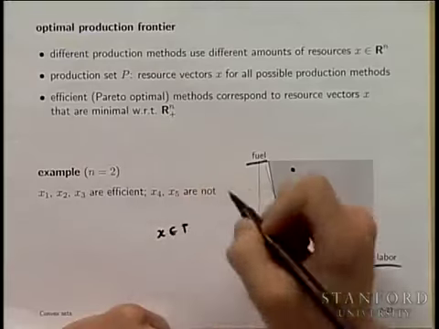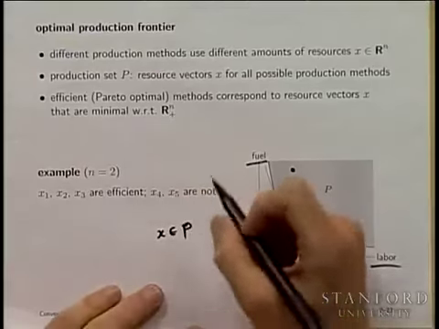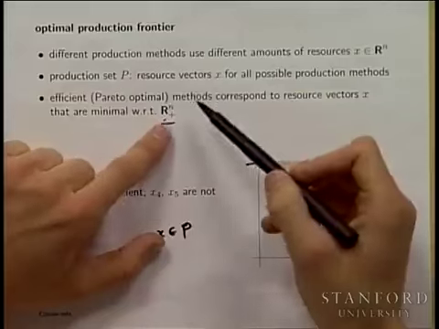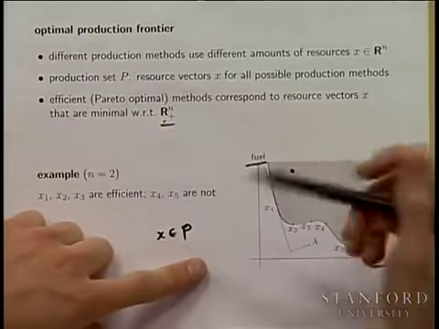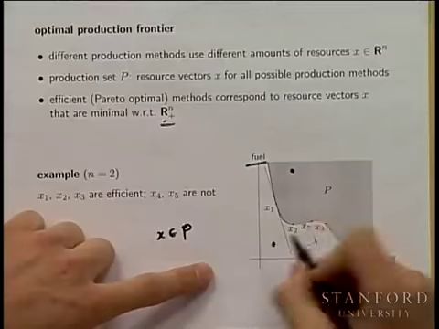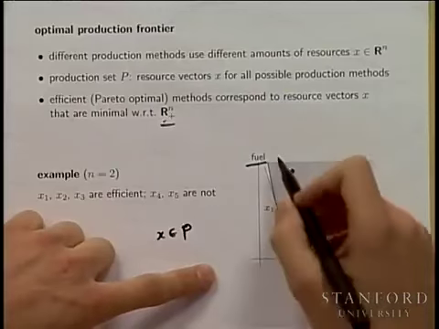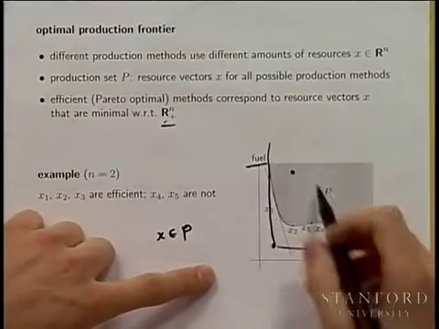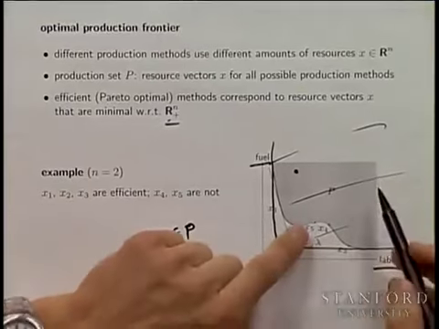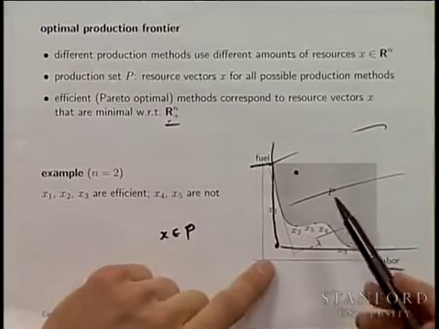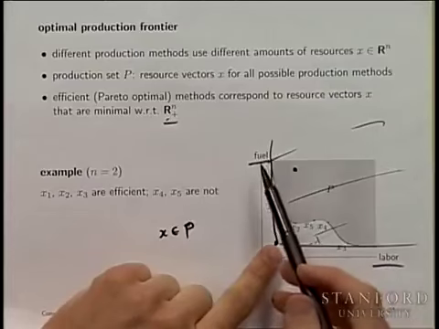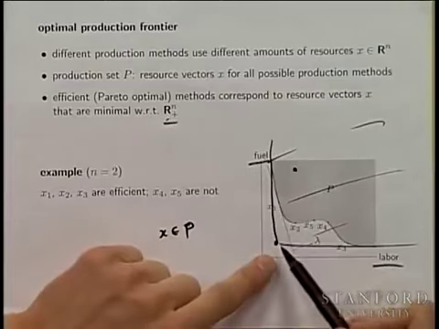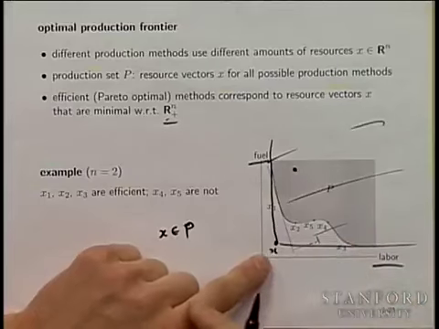So let's say we had x in P, and we're using this generalized inequality with R plus to the n. Now if x was a minimum in the set, it would mean that if I had x here, then the whole of P would lie within this. And that would say that any production method requires more labour, more fuel, or both than x.